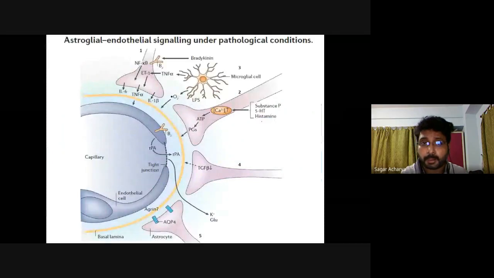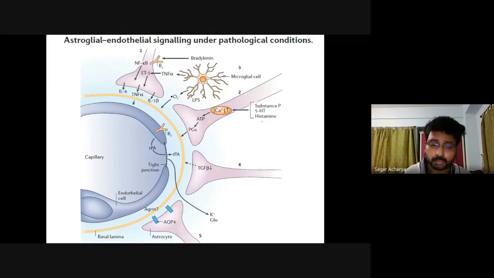So astroglial and endothelial signaling crosstalk occurs, with huge signaling pathways. I am not going into those details, and each and every one is important here.